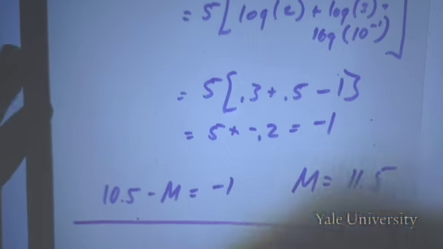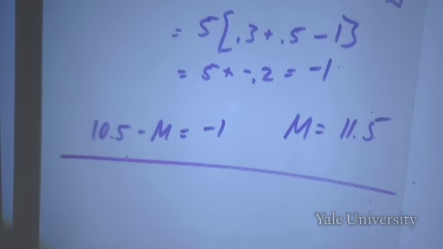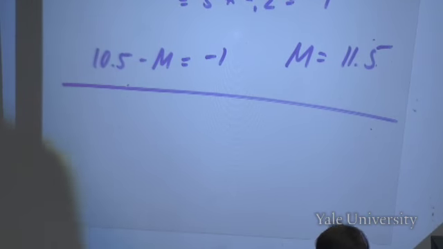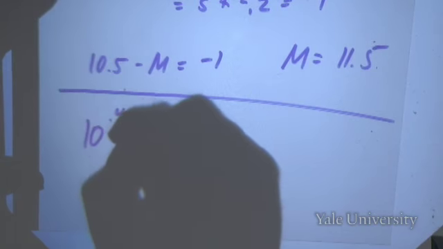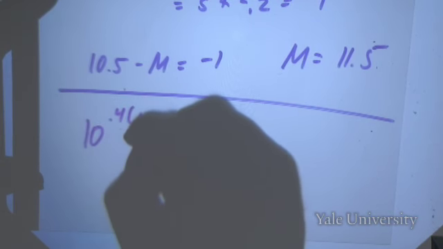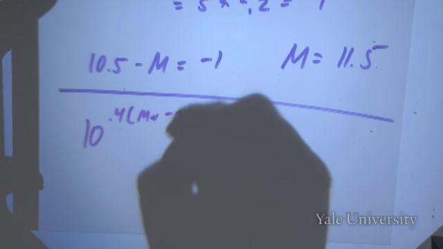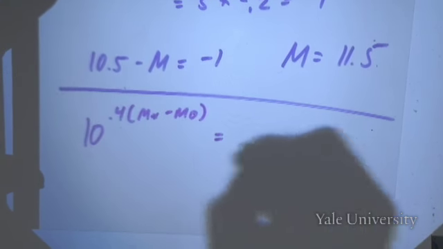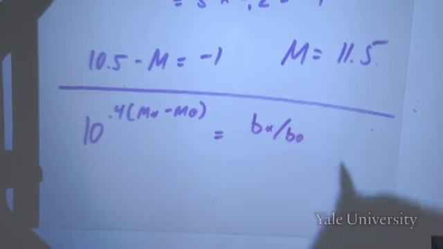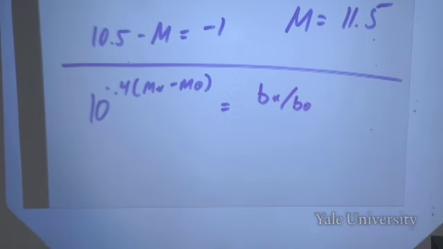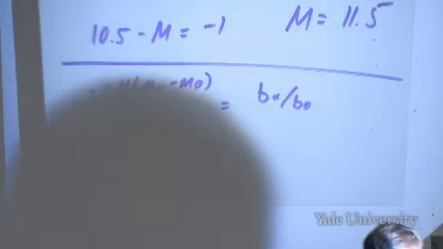How much fainter? Well, we know how to do that, right? Let's see, that looks in the easiest format like this. m star minus m sun is equal to minus 2.5 log of b star over b sun. I guess a minus sign out in front here, yes.